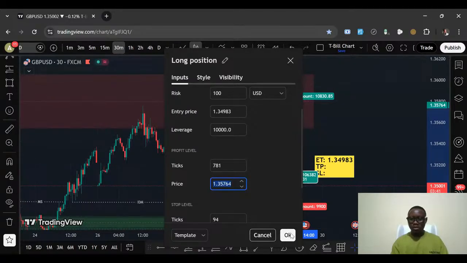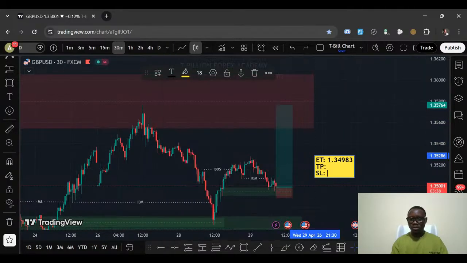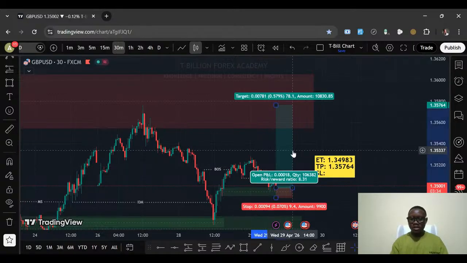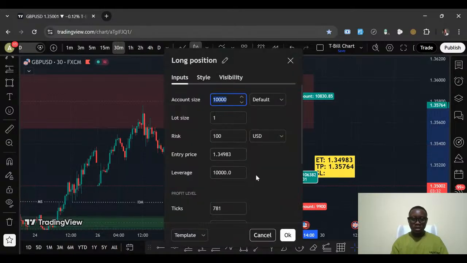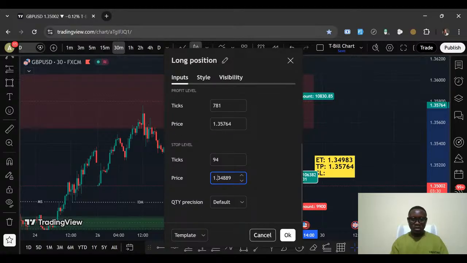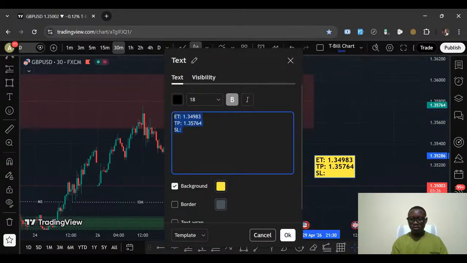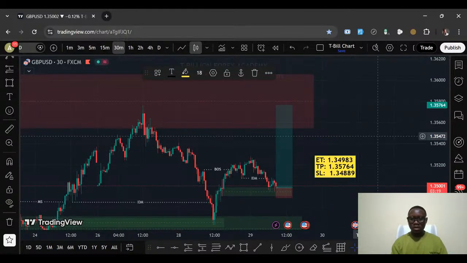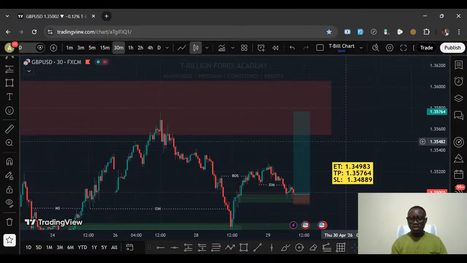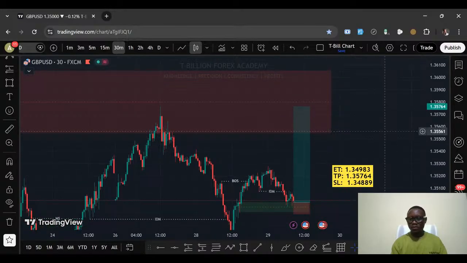There's our take profit. Please apply proper risk management. And this is our stop loss. All right, so I'm sharing this on the free signal Telegram channel.